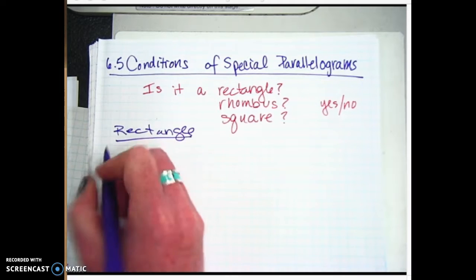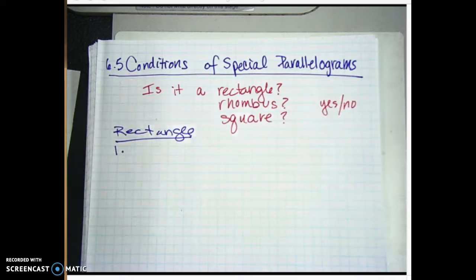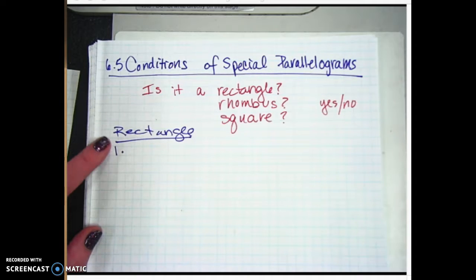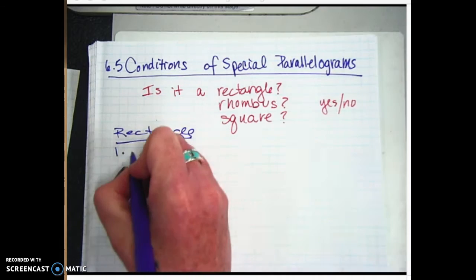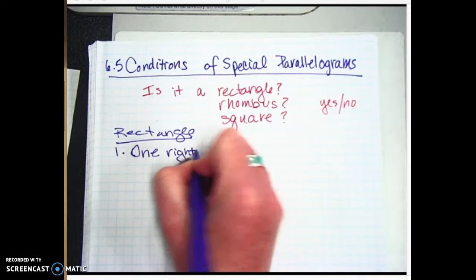On the rectangle, there are two conditions that need to be met beyond just the fact that it's a parallelogram in the first place. In order for a figure to be a rectangle, it means at least one right angle.